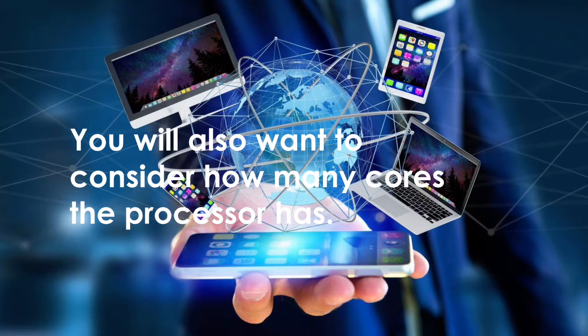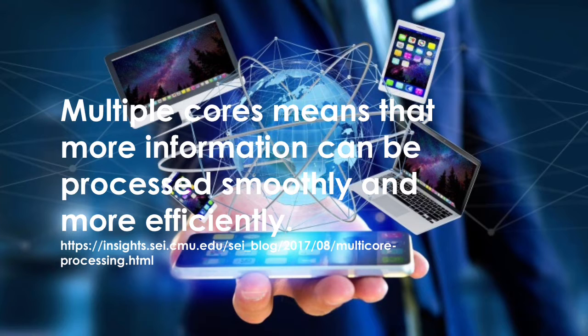Now I believe that we're up to 8 to 12 cores depending on the sophistication of your machine. Multiple cores means that more information can be processed smoothly and more efficiently.